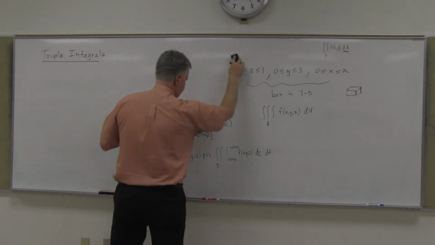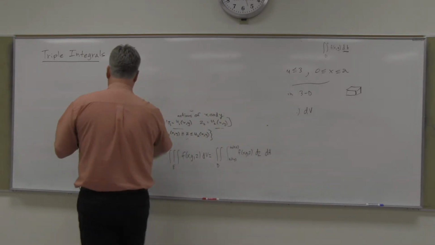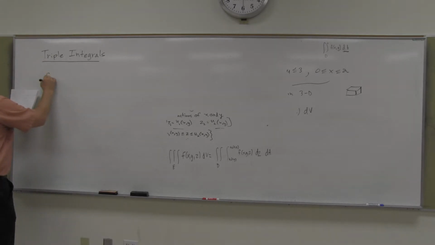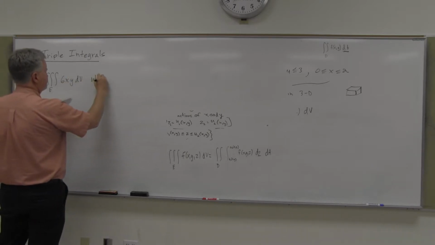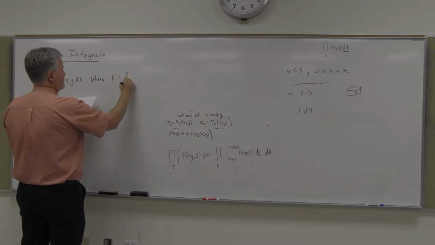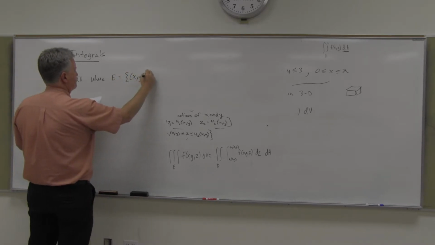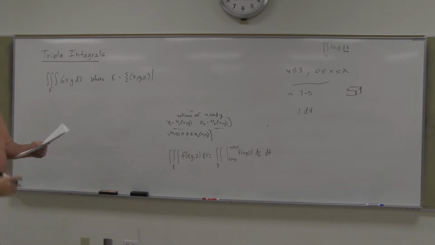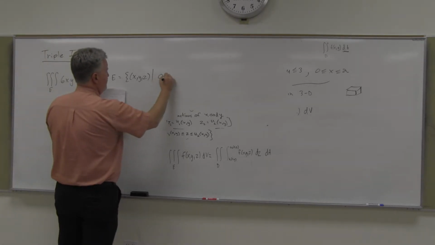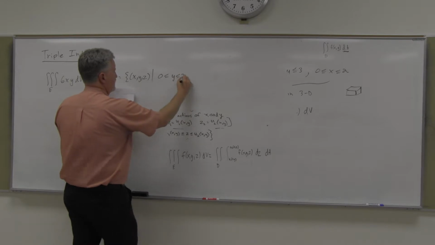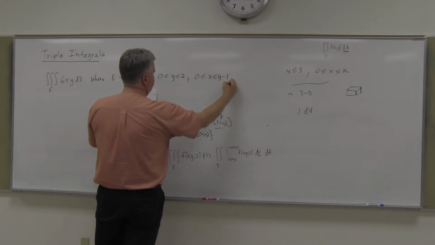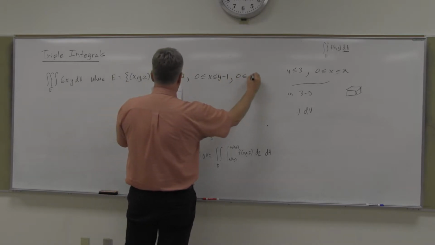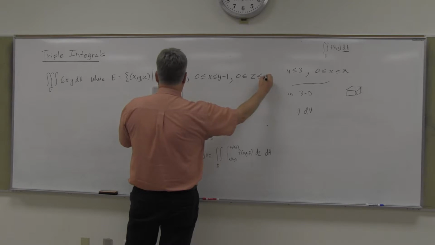All right, so triple integral over E of 6xy dV, where E is, I like this set notation here, x, y, z, our y's are between 0 and 2. The x's are between 0 and y minus 1. And then the z's are between 0 and y minus x.